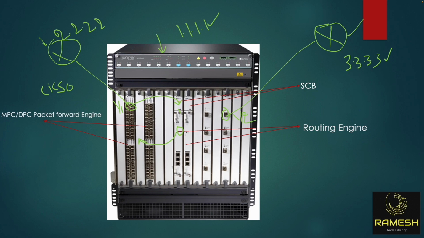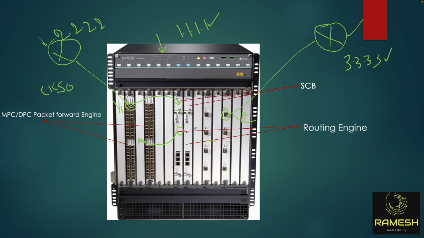In Juniper architecture we have two components, the routing engine and the packet forwarding engine. The routing engine builds the control plane by using routing protocols, then populates the routing table, and after that gives one copy of the routing table to the PFE, the packet forwarding engine, which means all the line cards.